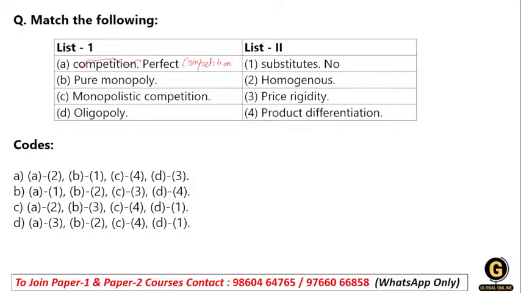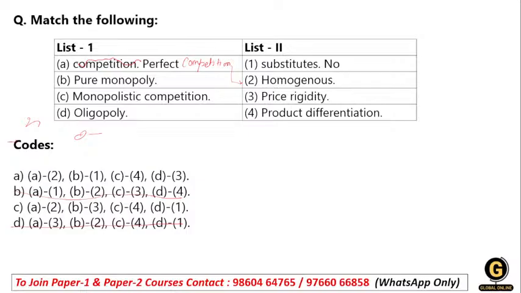So here you can easily match perfect competition with homogeneous. So match A with the second one, and your option B and option D will be cancelled.